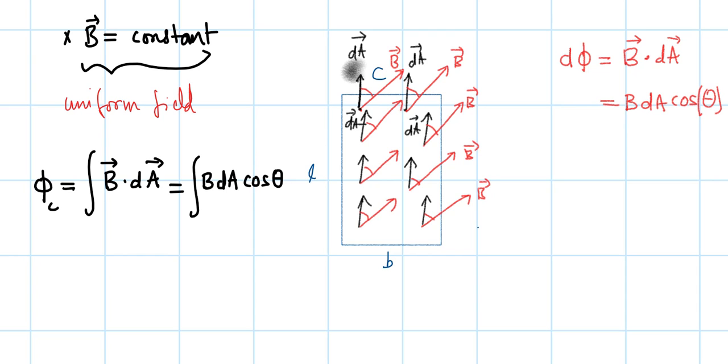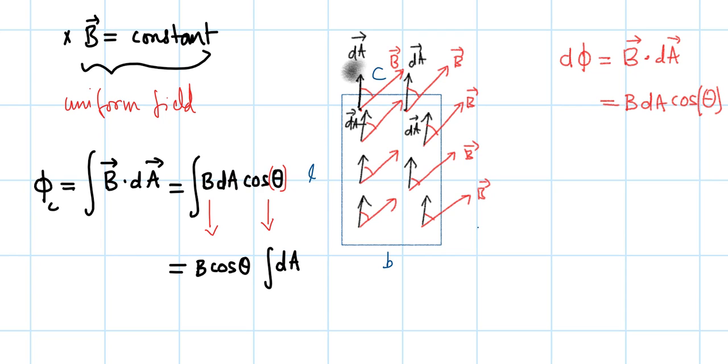Before performing this integration, we know the fact that B is a constant and theta is a constant also, because we have the same angle throughout. So these two quantities can be taken out of the integration, and we get B cos theta integral dA.